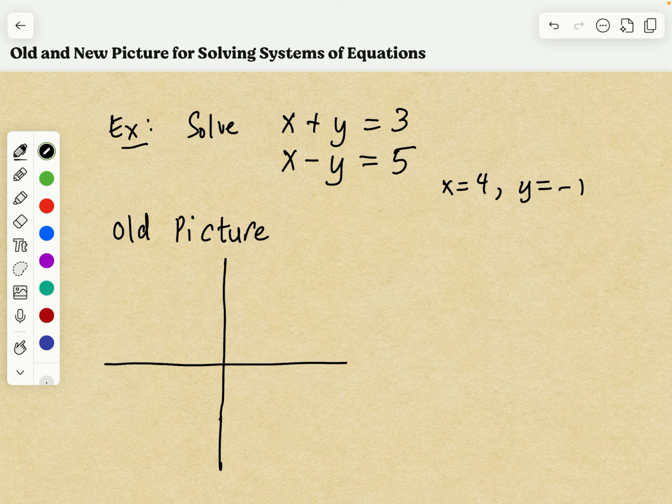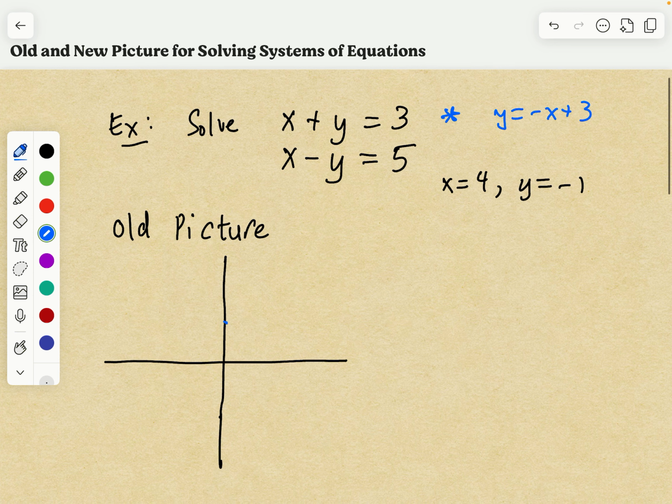And the picture is, if you graph x plus y equals 3, then this is y equals -x plus 3. So it's a line with slope -1 and y-intercept 3, like that. And then the other one is the same as y equals x minus 5, with slope 1 and y-intercept -5.